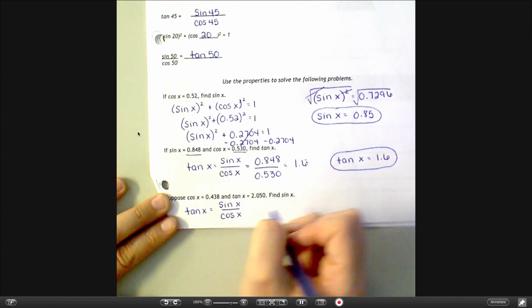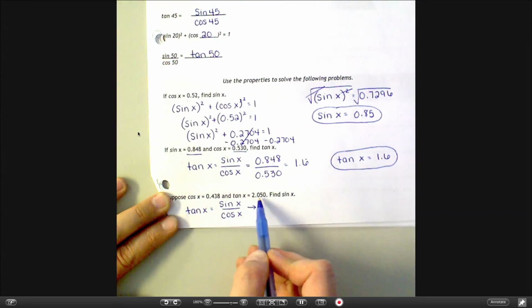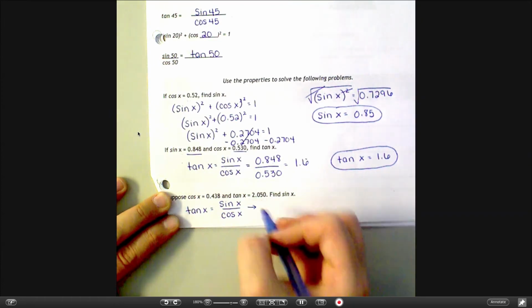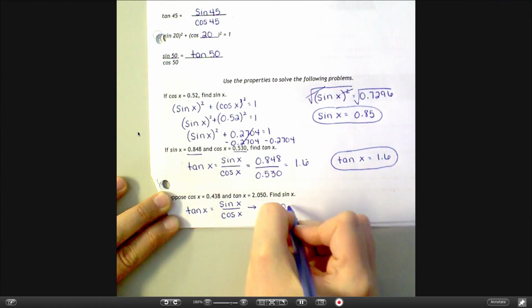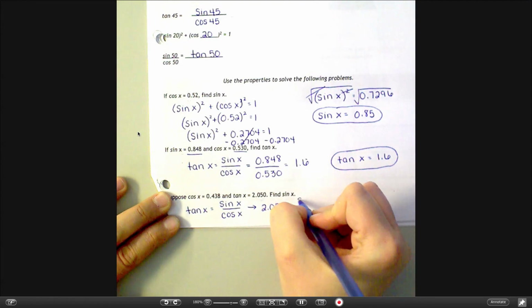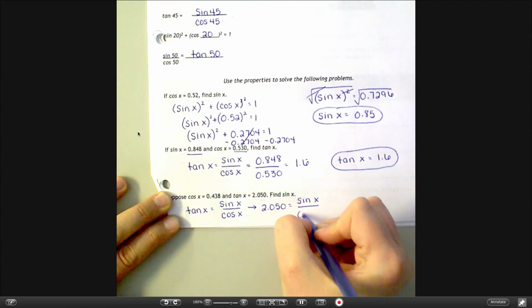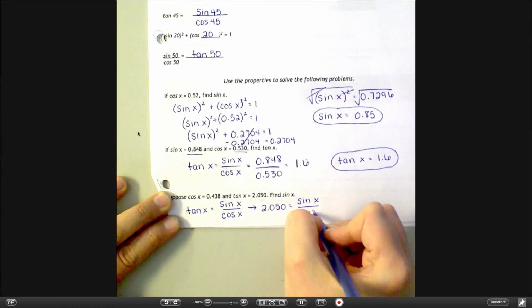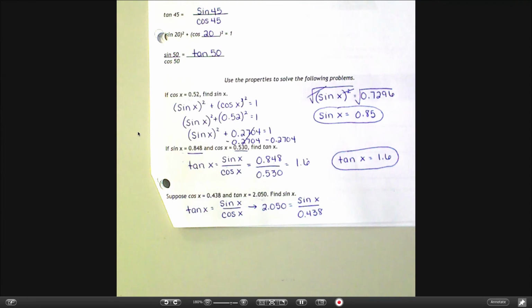Kinda, yeah, I'm going to cross multiply. I'm going to fill in my numbers where they go. So tan of x is given to me up here, 2.050. Sine of x is not given to me. And cosine of x is given to me as 0.438. So yes, you could put this over 1 and cross multiply, or you could just do what?